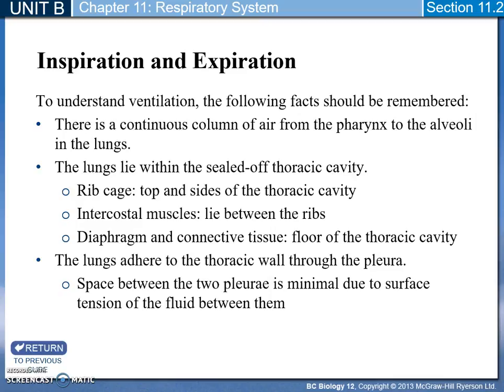There are intercostal muscles between the ribs, and a diaphragm and connective tissue which forms the floor of the thoracic cavity. The lungs adhere to the thoracic wall through the pleura, and the space between the two pleura is minimal due to surface tension of the fluid between them.